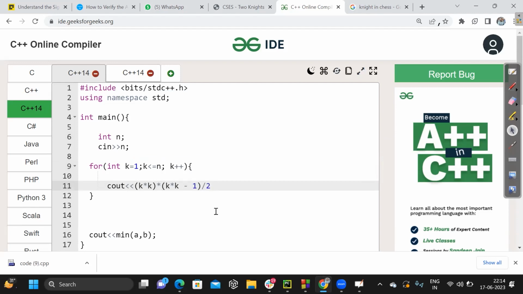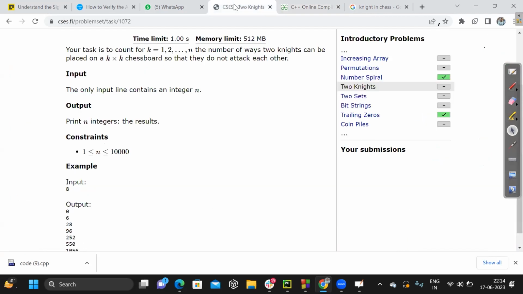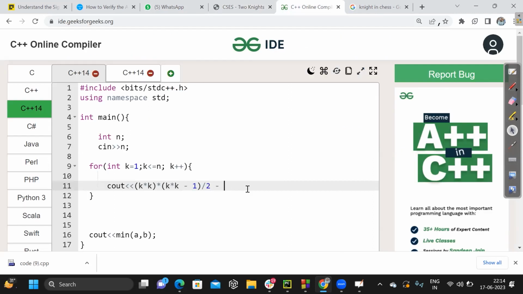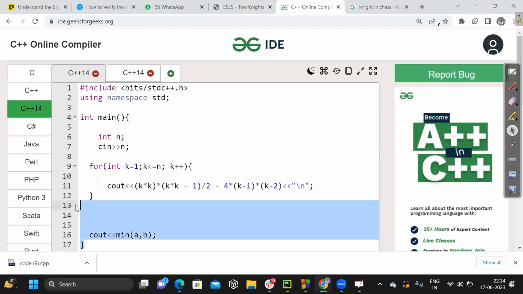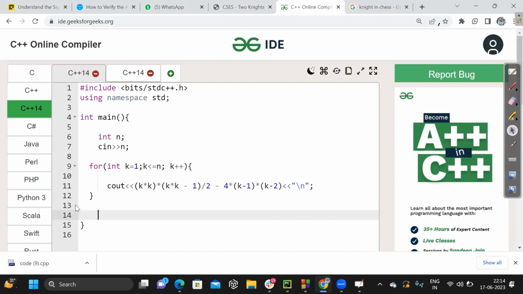Then minus what? 4 into k minus 1, k minus 2. Fine, and then let's go to the next line after we are done with this. A simple problem we have done, a very good problem, we have just formulated it.